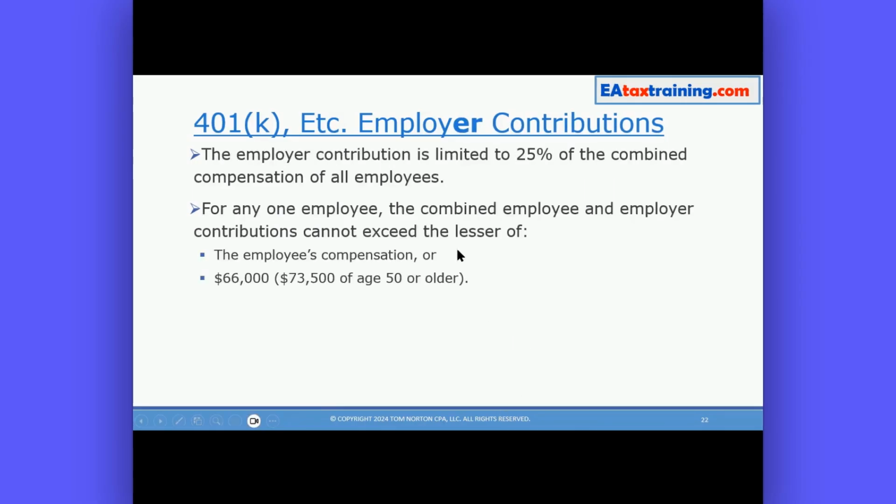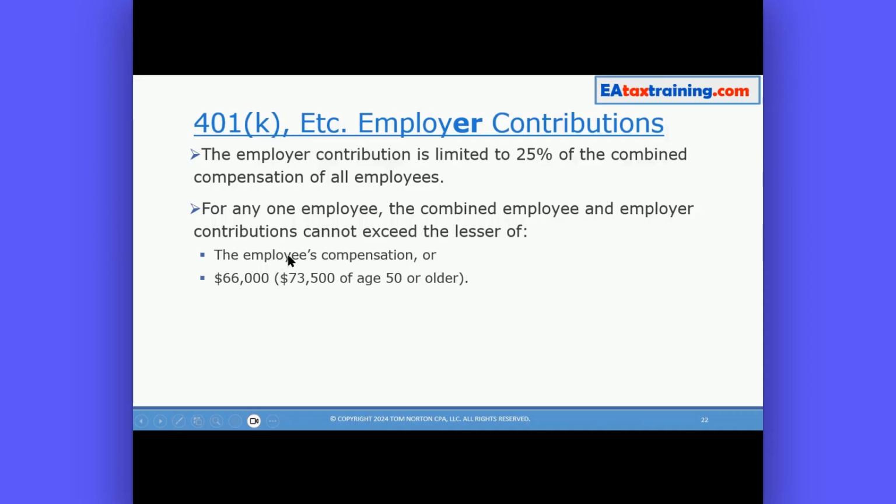For the employer contributions, the amount is limited to 25% of the combined compensation of all employees. For any one employee, the combined employee and employer contribution cannot exceed the lesser of the employee's compensation or $66,000.